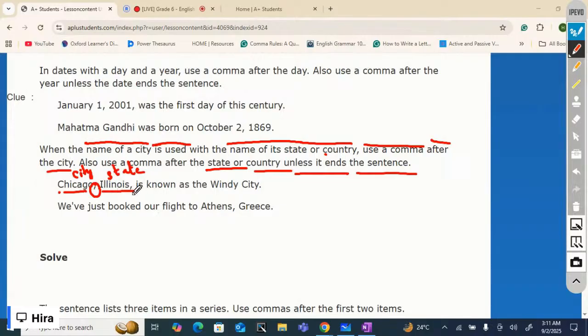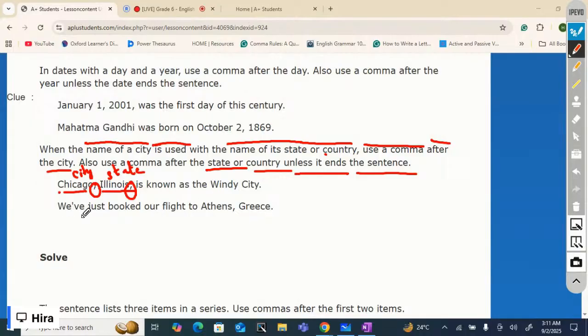But one more comma is used after the name of the state because it does not end the sentence. The sentence continues, so we'll put it after the state as well. But we do not use a comma if the name of the country or state ends the sentence.